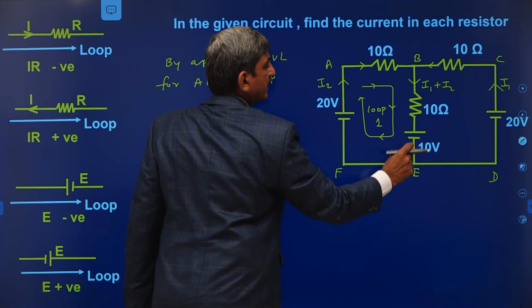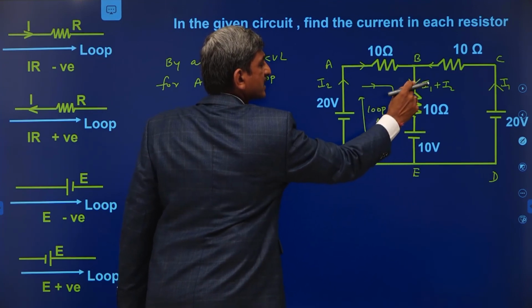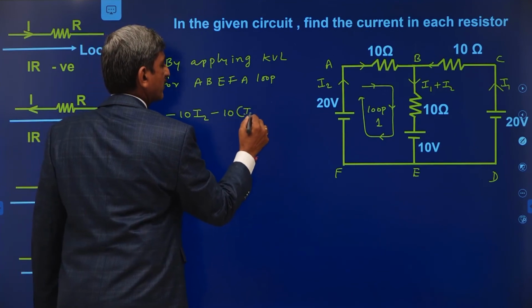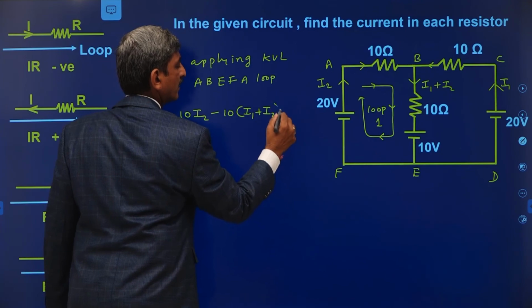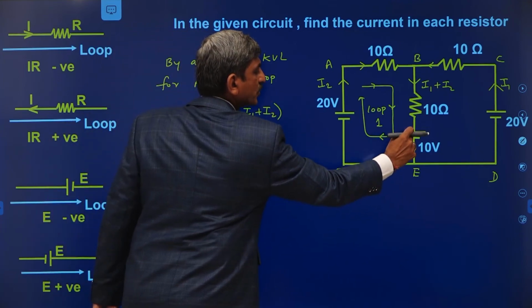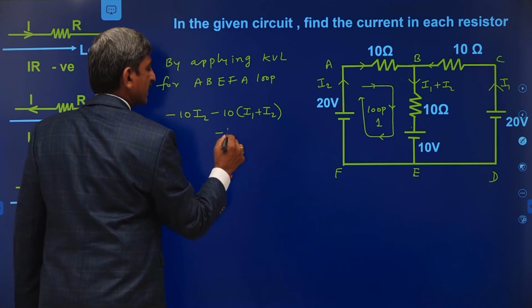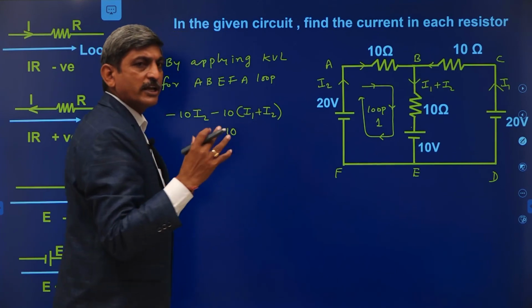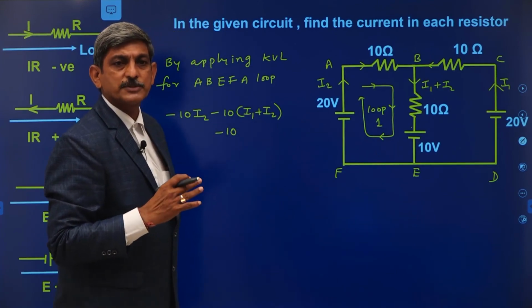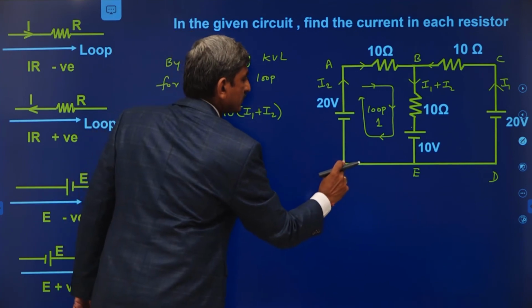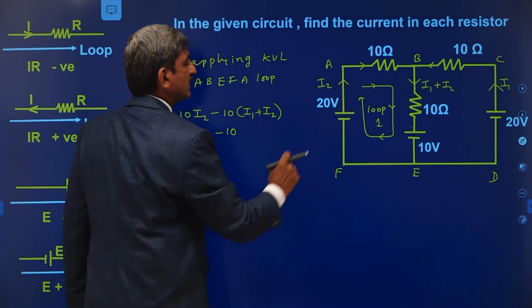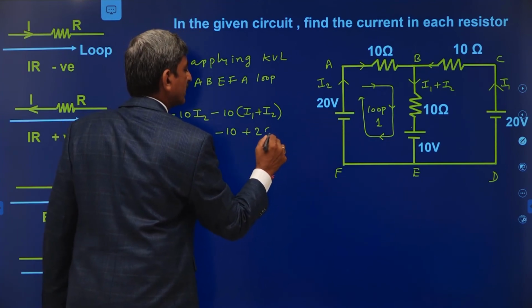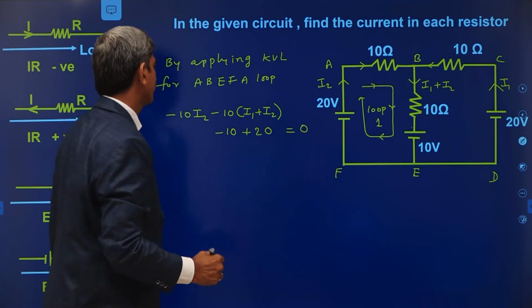Next, from B to C, here also the direction of the current and the direction of the loop are in the same direction, minus 10 (I1 plus I2). Now here we are moving from the positive to the negative terminal of the cell, minus 10. Between E and F no elements are there, so there are no potential drops and no EMFs, and from F to A there is a cell. We are moving from the negative to the positive terminal, so plus 20, and this is always equal to 0.